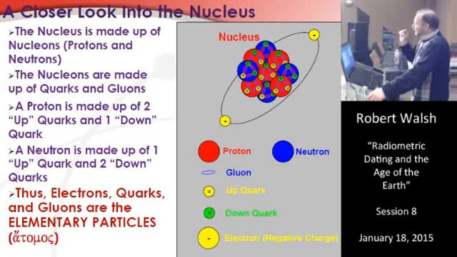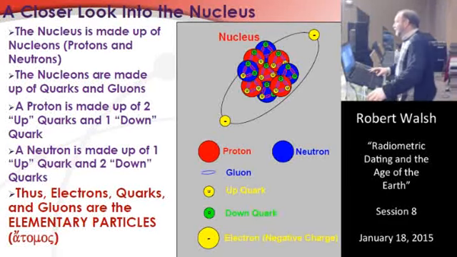And each of these nucleons is made up of what are called quarks and gluons. Okay? And a proton, for example, is made up of 2 up quarks and 1 down quark. And you might expect that a neutron is made up of 1 up quark and 2 down quarks.